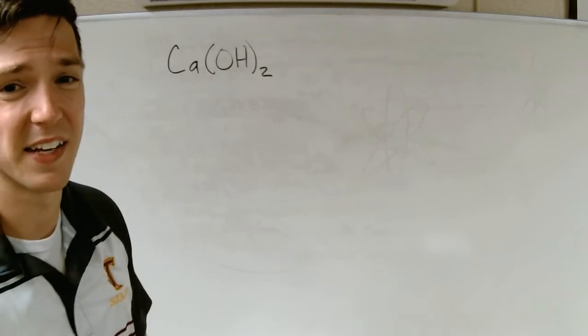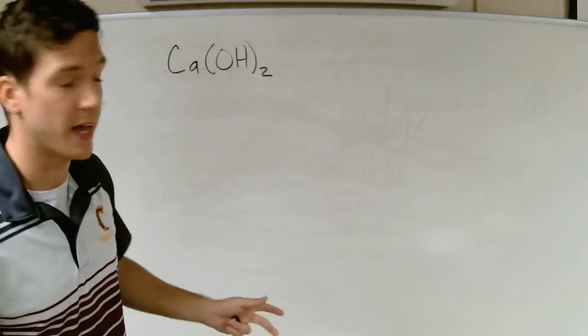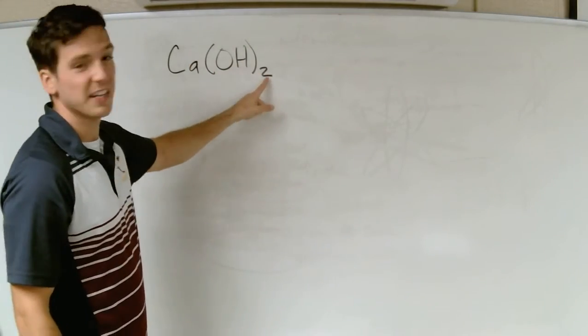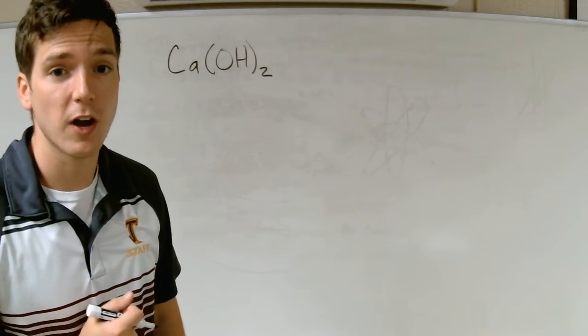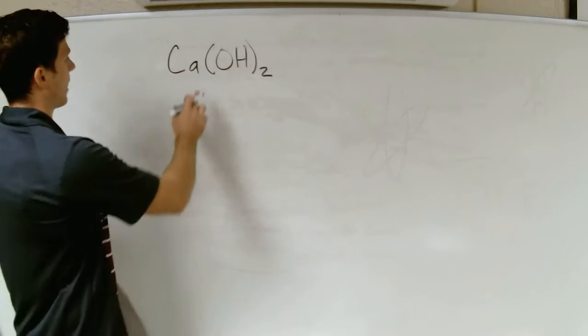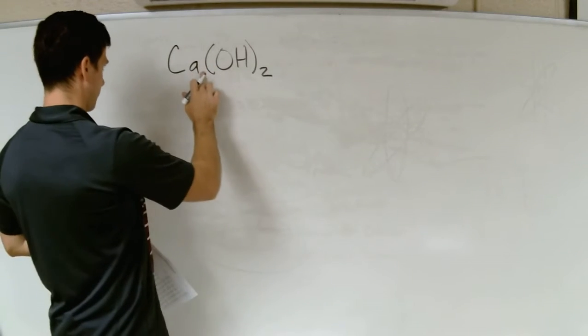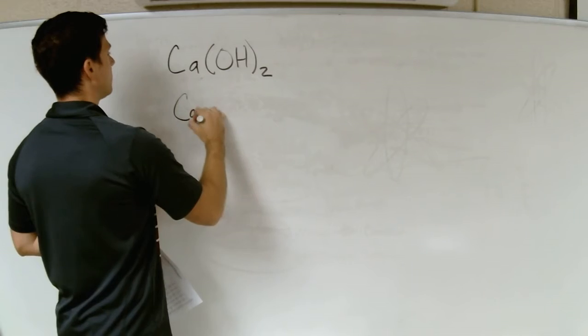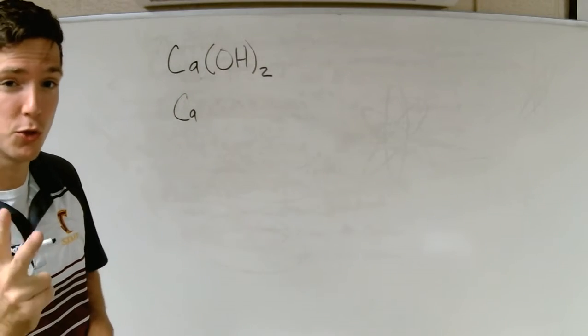You see this hydroxide, which is a polyatomic ion, in parentheses and a 2 on the outside. That just means I have 2 hydroxides. I just have 1 calcium, there's like a little imaginary 1 there. And the parentheses tell me that I have 2 hydroxides.